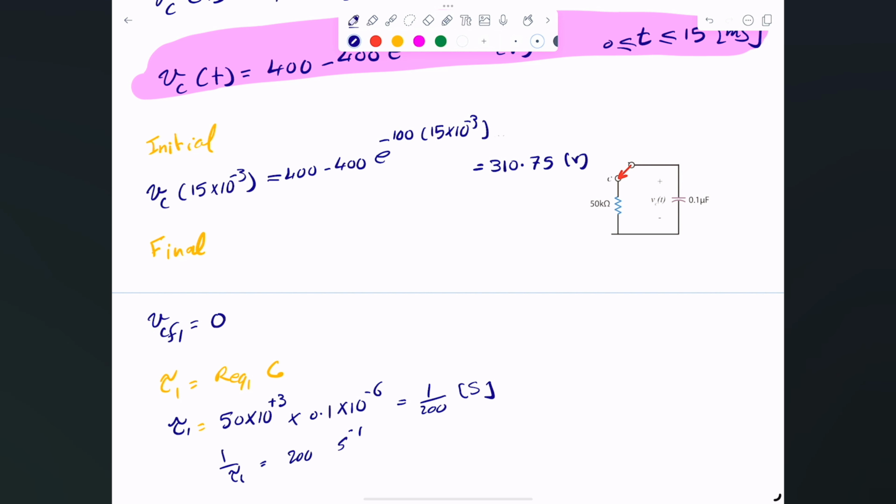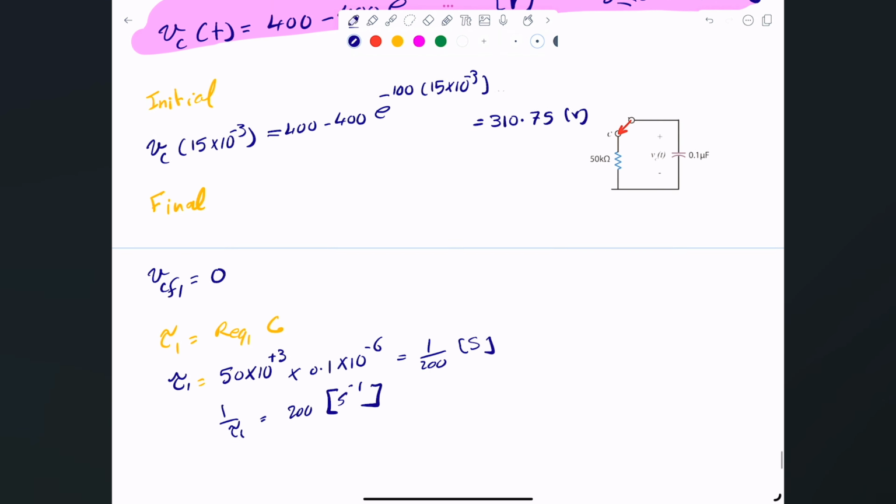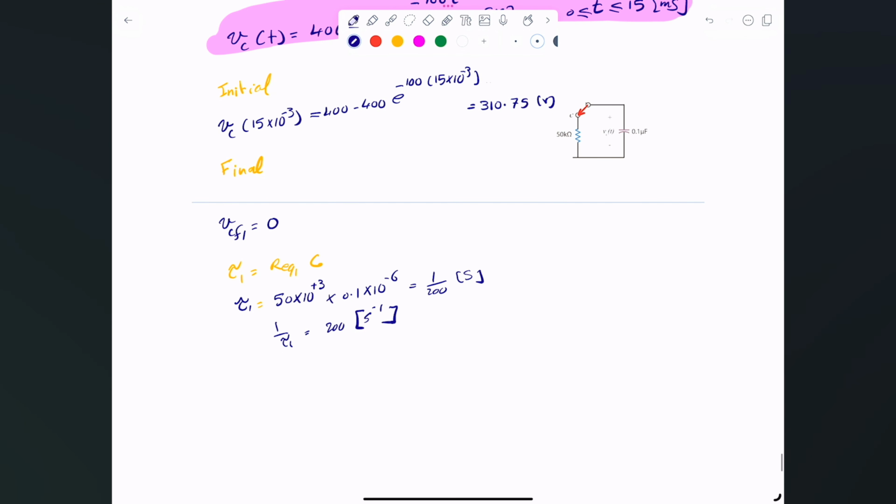I believe we have everything we need to write this equation. For t greater than 15 milliseconds, VC of t is simply the final value, 0, plus the initial value, which happened to be 310.75, minus the final value, times e to the negative 200 times t minus 15 times 10 to the negative 3, since this is 15 milliseconds.